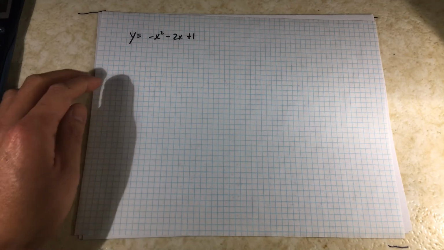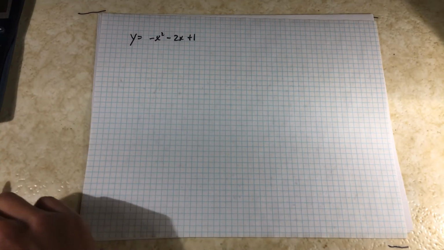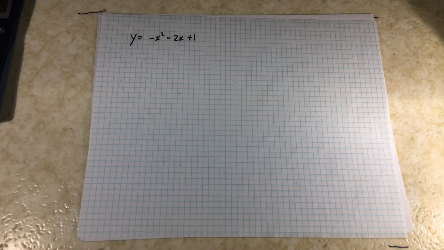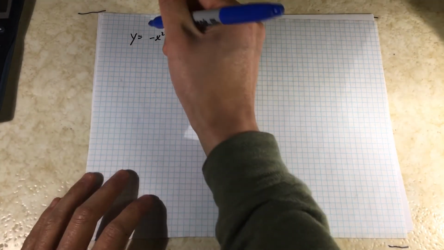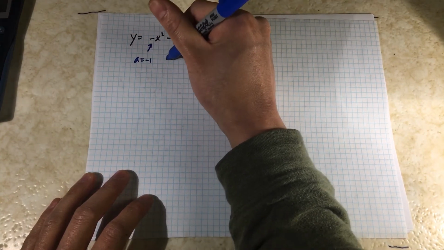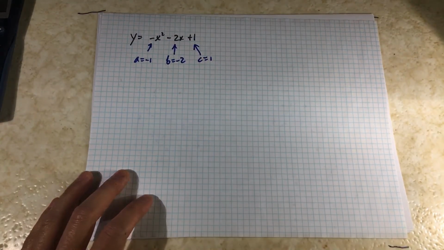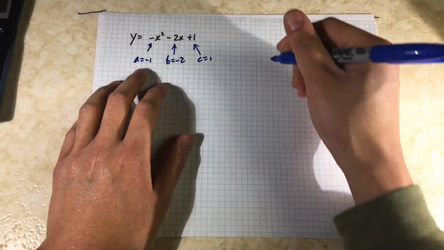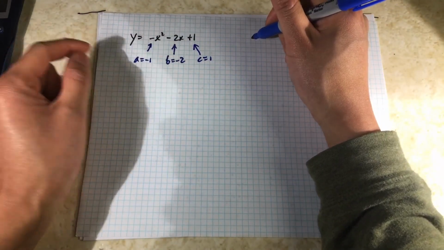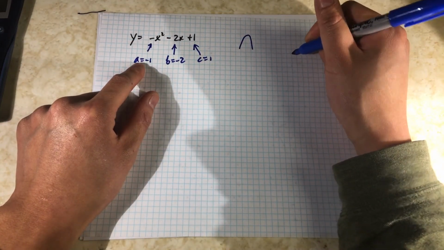All right, so let's do it. The first thing I like to do is identify a, b, and c. So here a is negative 1, b is negative 2, and c is equal to 1. I see a negative sign for a, so that tells me we're going to be concave down.